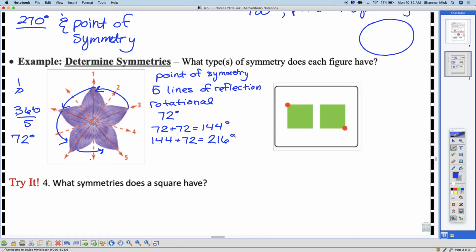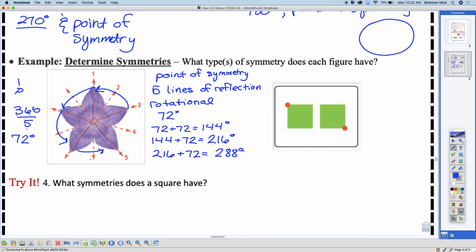Can I keep going? It's still less than 360, right? Now, if the next one's bigger than 360, I just erase it, don't I? Okay, so then 216 plus 72 again. So I have 288, so I'm good, right?